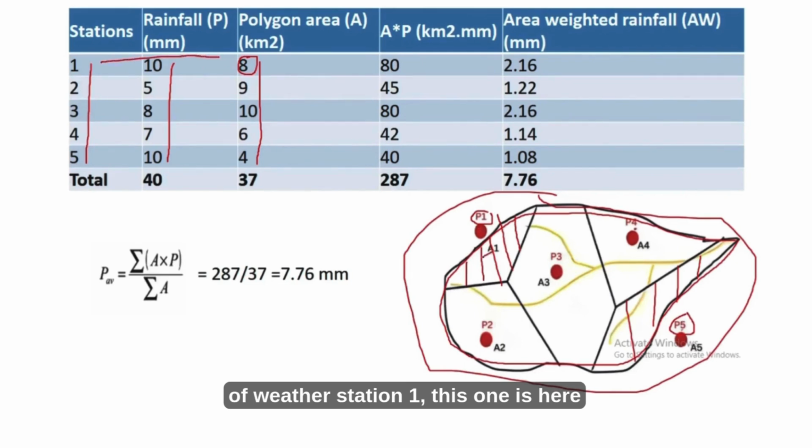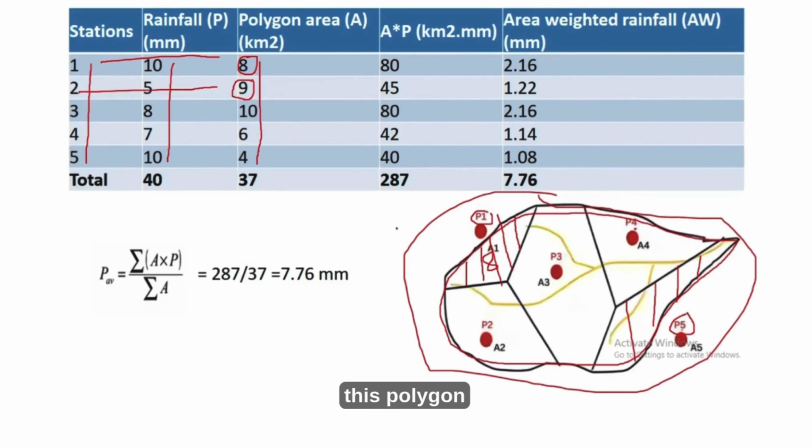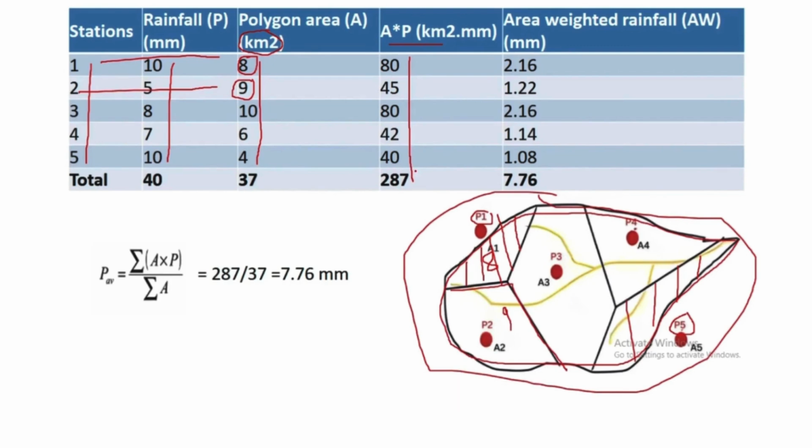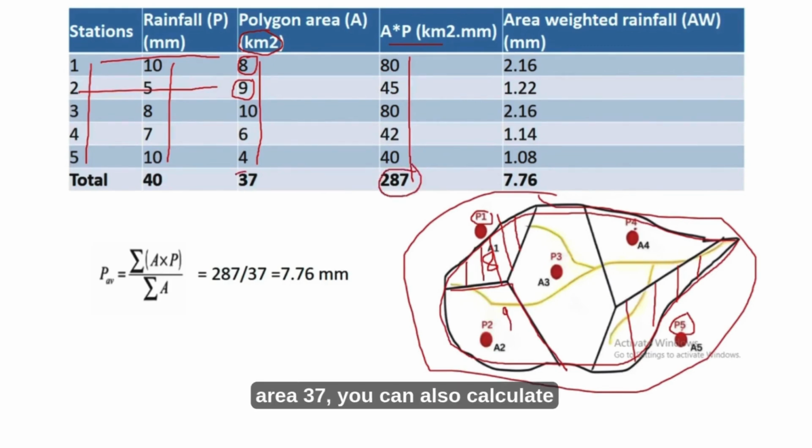So this one. 9 is the area of weather station 2. So this polygon area is 9. Now according to the formula, A into B, so 80, 45, 80, 42 and 40. The summation of A into B is 287. The summation of area is 37.